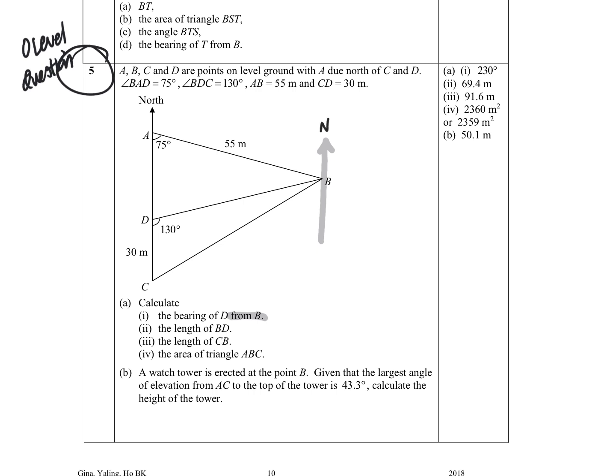Find the bearing of D means I start turning until I point to D. So how to find? There's a 180. Here is 180. The remaining how to find?